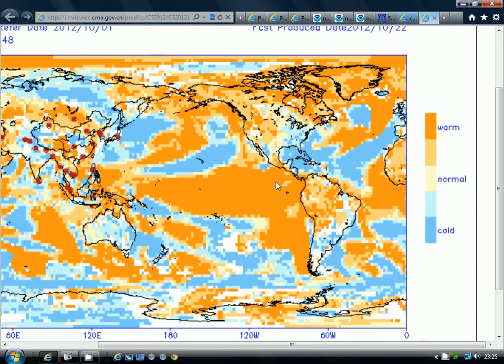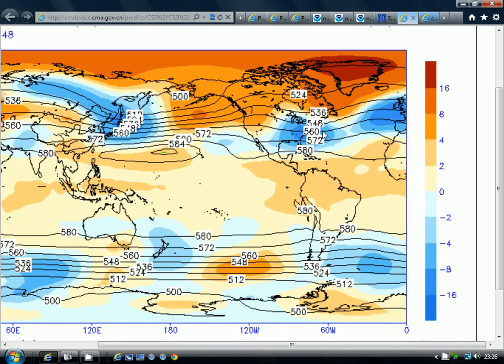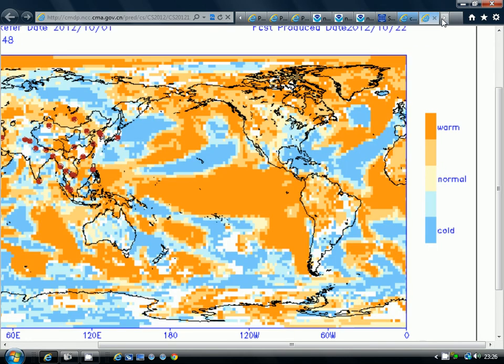For temperatures, well, central west areas are forecast to have a milder than average winter, but it is cooler than average in the east, although the signal isn't all that strong. But if you tie that in with the heights, this height anomaly would probably suggest a trough to the east, a ridge to the northwest, so probably yes, we would be looking at a cold winter in the east and a warm winter in the west.